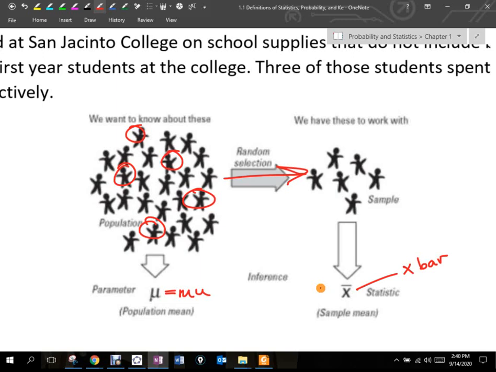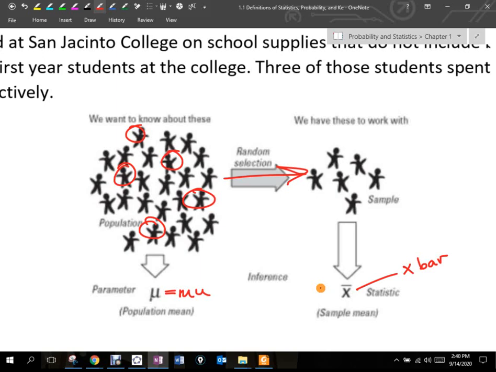Does that make sense? So out of these 100 people that we chose, we might be able to figure out that their average money spent on school supplies, let's say, is $330. Well, if that was true for my sample and my sample was chosen correctly, then we can say that $330 is also a pretty good estimation for the parameter, or what the entire population is spending.